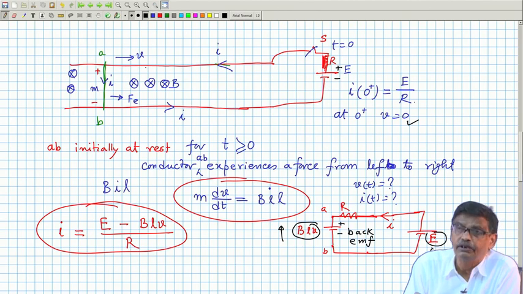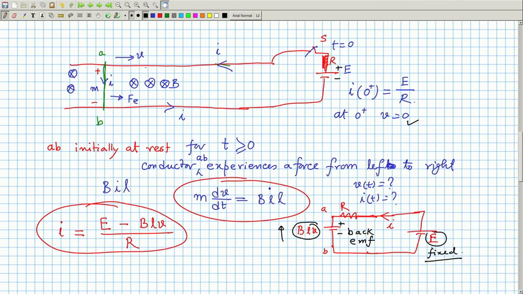Therefore, a time will come when this voltage will become equal to this voltage, and as you can see, their polarities are such that they oppose each other. Therefore, at that time I expect the current will be 0. The current is (E minus BLv) by R, but as it accelerates, when the back EMF reaches E, this current will vanish.